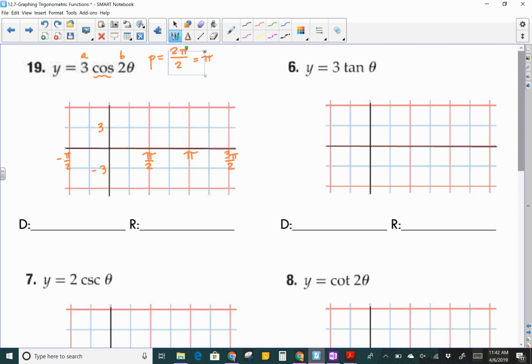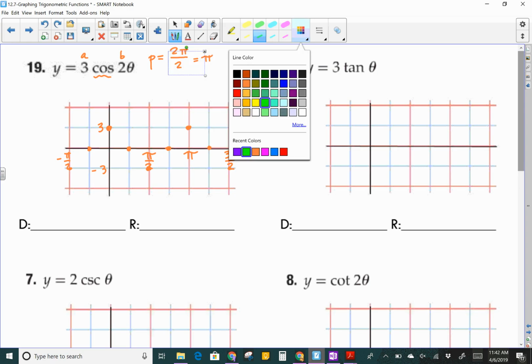I got to remember my cosine starts at a max. So I'm starting at a max. 4 tick marks later, I'm ending at a max. Halfway between, I am at a min. Halfway between a max and min are my zeros. And then I fill up that pattern. And let's see.